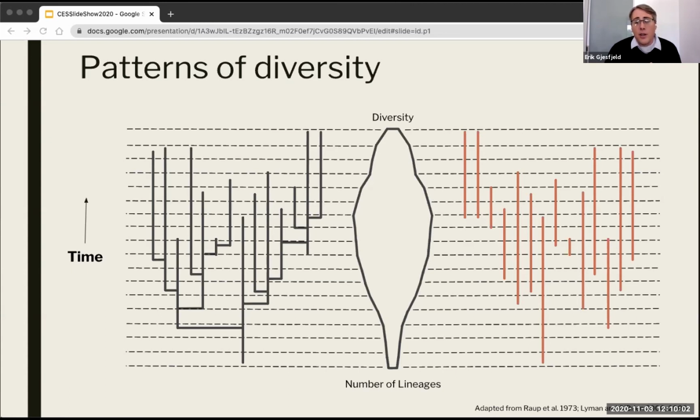We only need to know the duration or the lifespan of the different lineages. So we only need to know the time of first emergence and the last time we see these particular lineages exist. And with that information, we can get roughly the same ending point, which is something like this, a clade diversity diagram, in which we can identify how diversity changes through time.